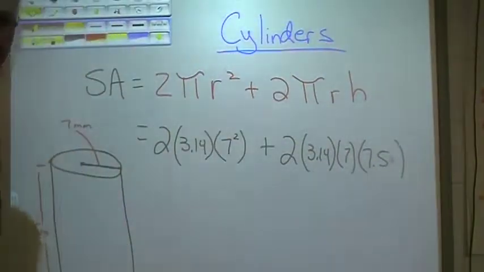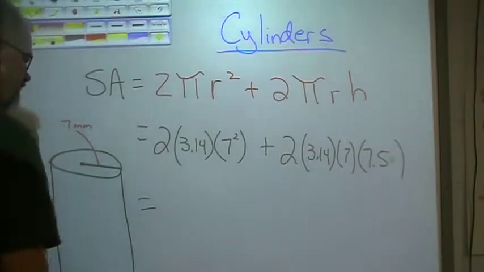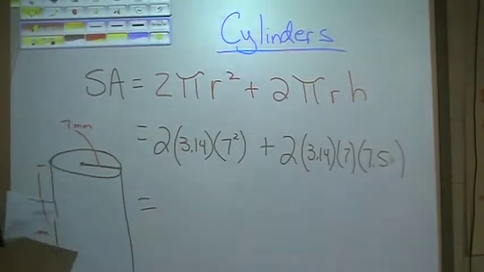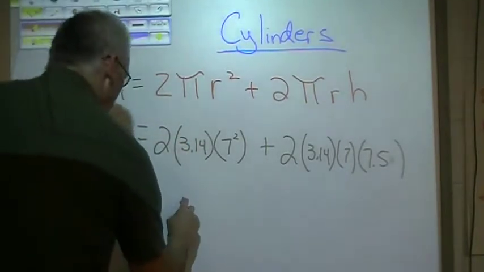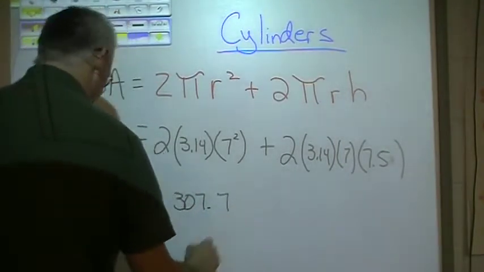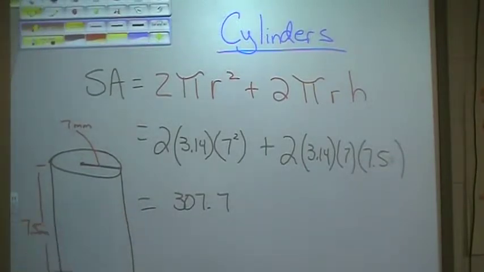Now it's all calculator work. Or if you don't have a calculator, you all should be able to do this. 2 times 3.14 times 7 squared, which is 49, comes out to 307.7. And we're going to round to the nearest tenth. That's what the directions say on this paper.